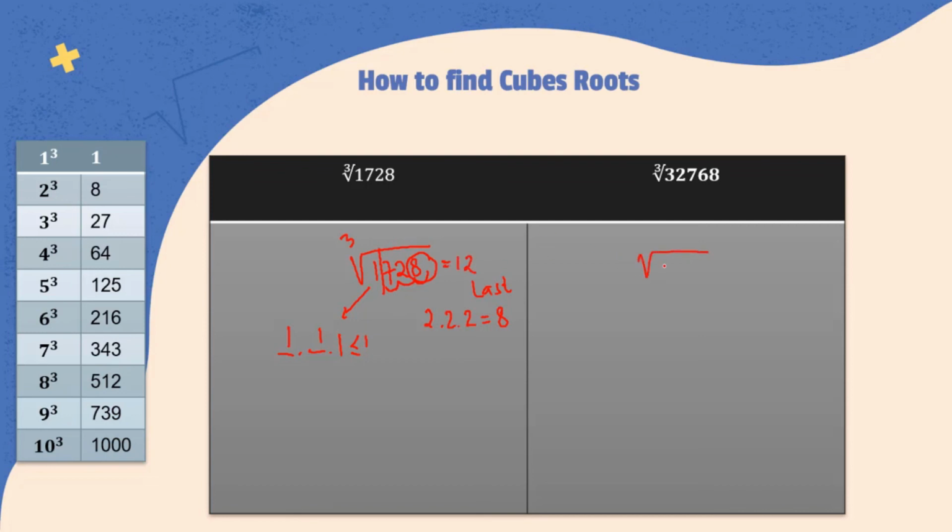And another example, the cube root of 32,768. Count 1, 2, 3 and draw the straight line. The front is 32. What number cubed is less than or the same as 32? That's 3. 3 times 3 times 3 is 27. And what number cubed has the last digit 8?